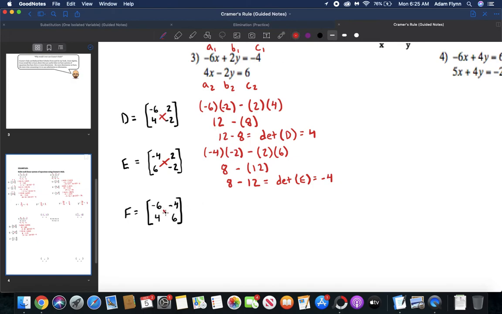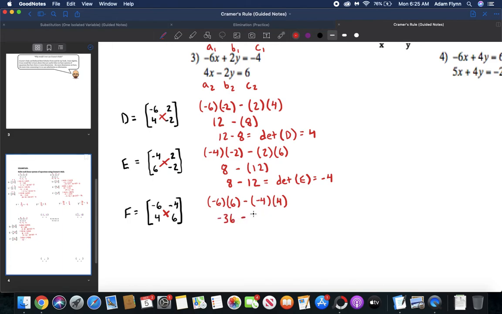So if we do our cross multiplying to find our determinant, we have negative 6 times 6. Minus negative 4 times 4. Negative 6 times 6 is going to be negative 36.